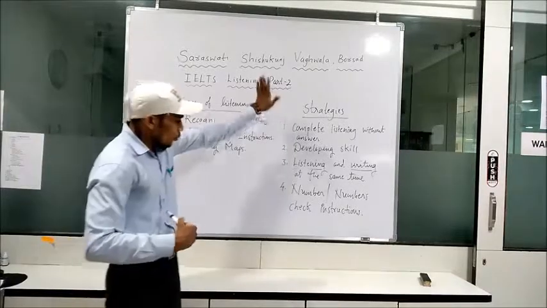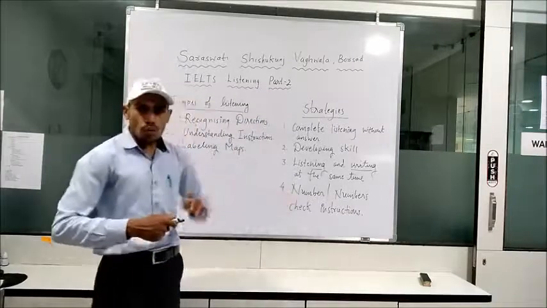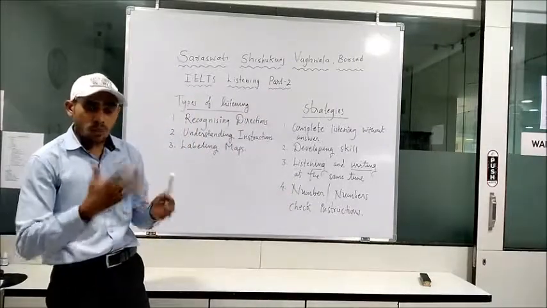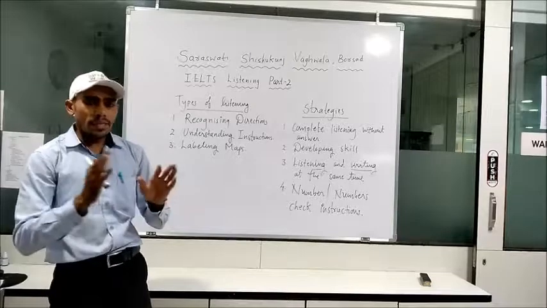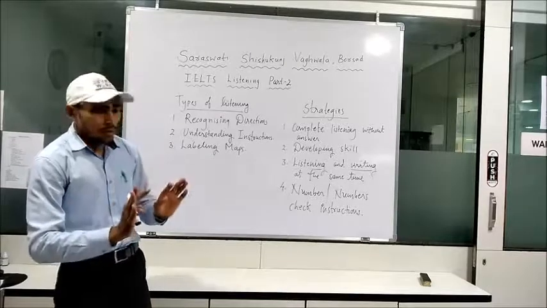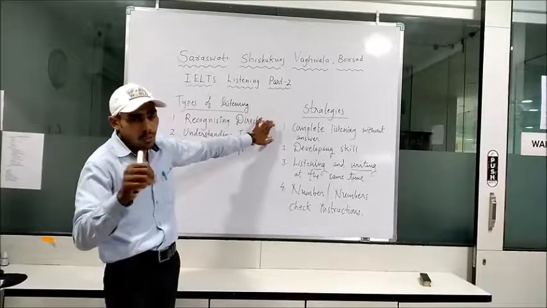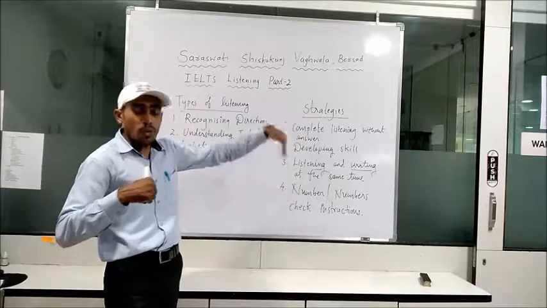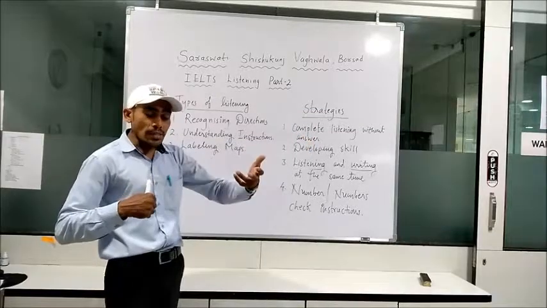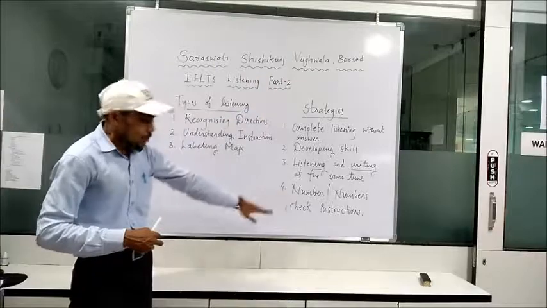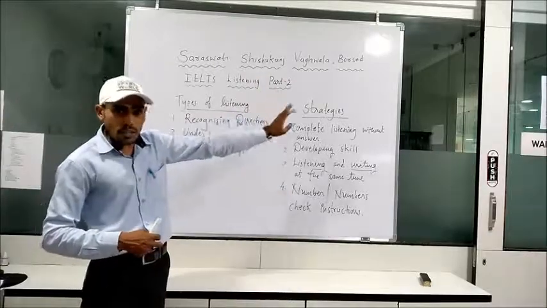So these are a total of 4 strategies that I have given to you, and you need to keep them in mind when you start IELTS listening part 1 or part 2. But at the initial stage, what you need to do? Only listen to it and get familiar with the language and words. Then you are able to get the correct answers later on. So we have focused on all 4 strategies of IELTS listening part 2.